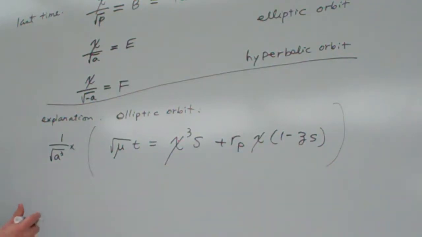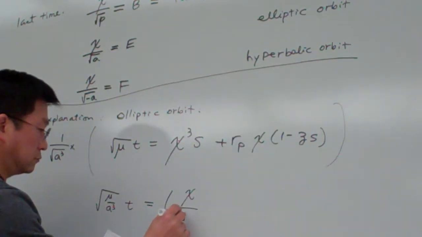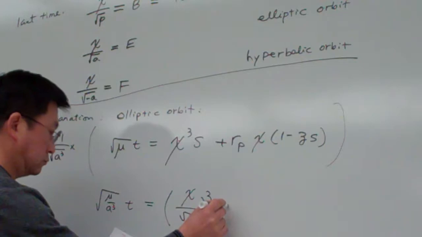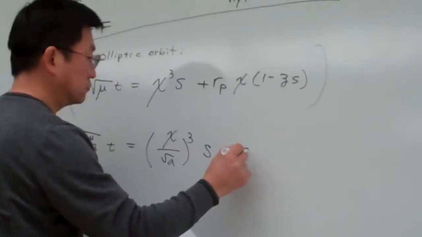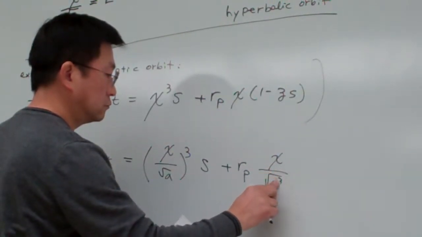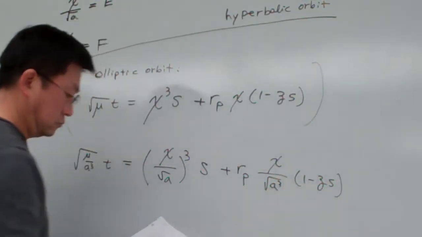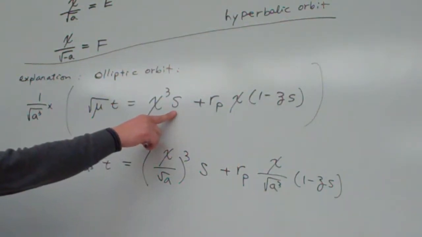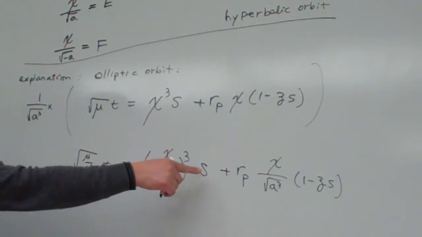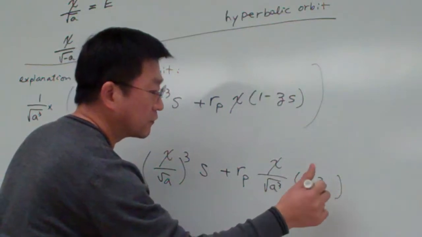And so in this way we can have mu over aq times t equal to, so here the s is our newly defined s function, and the same thing here later we're going to show c, and c is our newly defined function here.